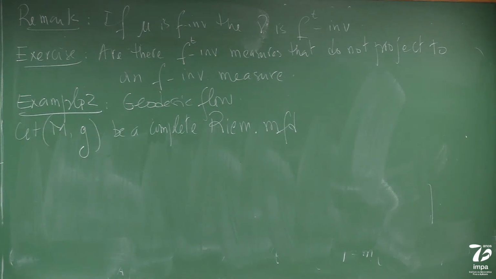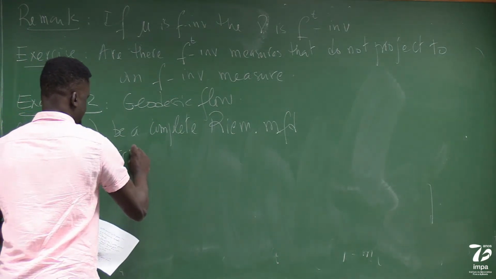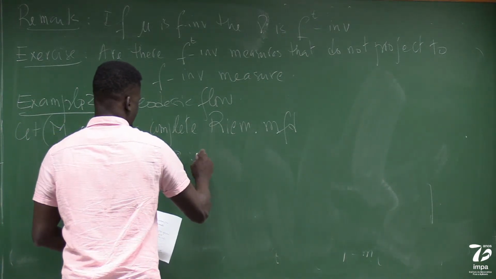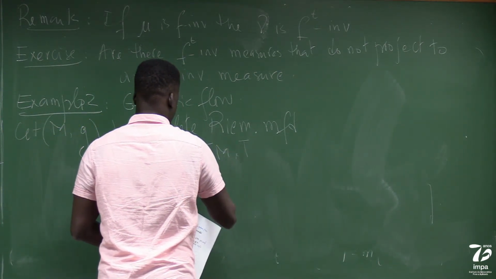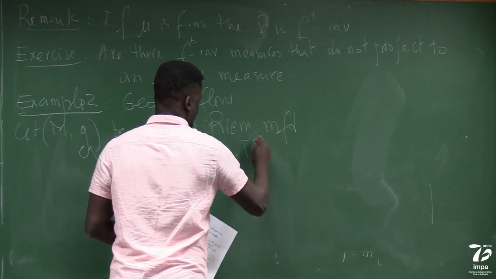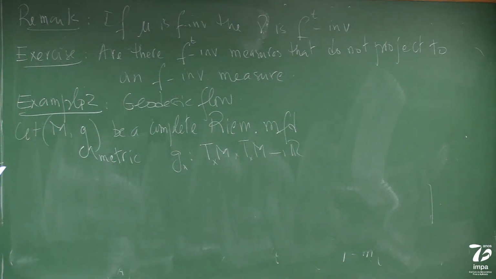I'm just presenting it in case somebody is interested, and by the end we can have a presentation on this. A metric is just something that acts on tangent spaces, so you have G_x to R, with the properties that we know.